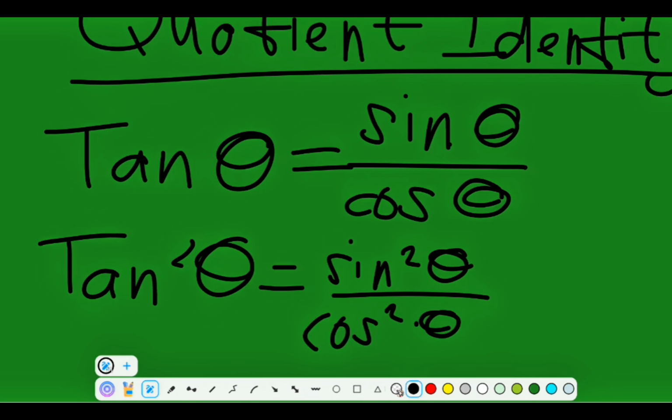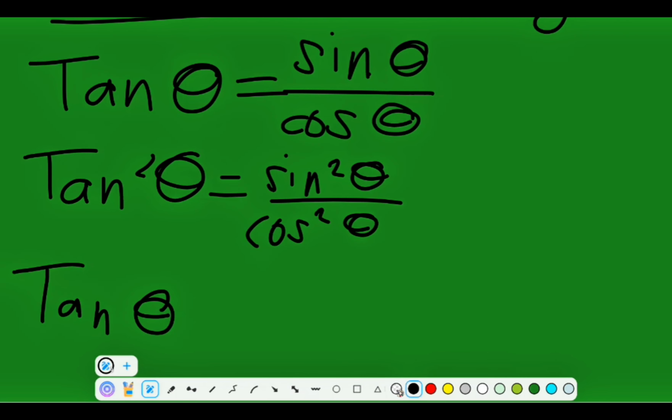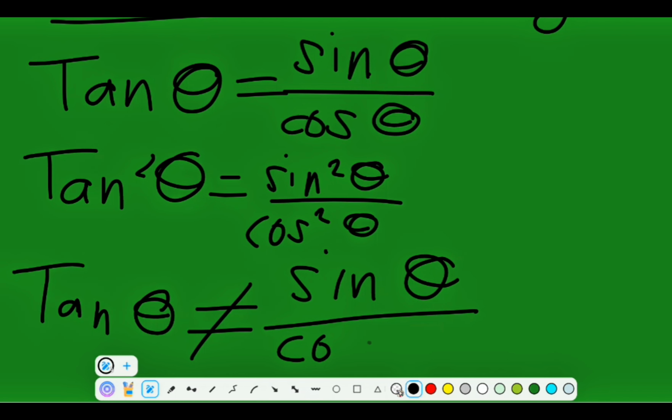Now keep in mind, for us to change sine over cos to tangent, both sine and cos have to have the same angle. So sine theta over cos theta is equal to tangent theta. Tangent theta is not equal to sine theta over cos beta.